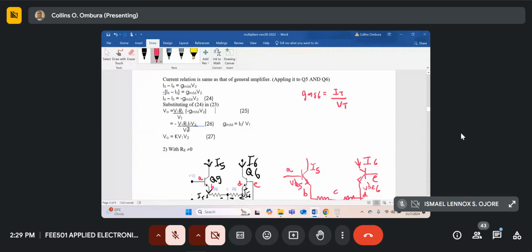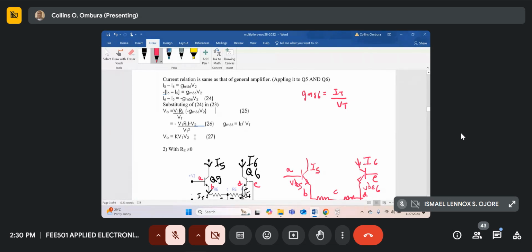And we can put it in the standard form of the multiplier, where we said the standard form of multiplier is V0 is some scalar into Vx into Vy, where in our case Vx and Vy are V1 and V2. So we can write this equation 26 as some scalar times V1 V2, where the scalar will be RL IT all divided by VT squared.